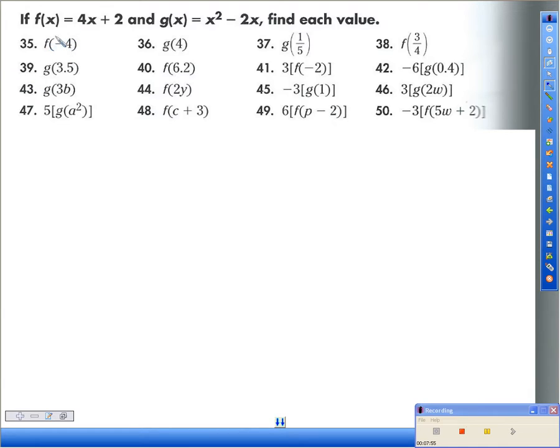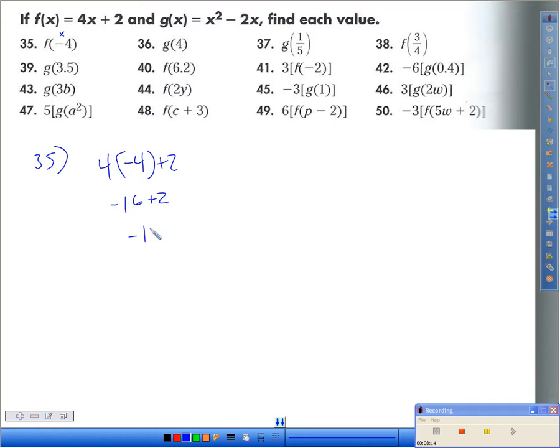Again, this just tells us that we're going to take our x value out and put in negative 4. So instead of 4x plus 2 on 35, we're going to have 4 times negative 4 plus 2. When we simplify this, it gives us negative 16 plus 2, which equals negative 14. So f of negative 4 on number 35 is negative 14.